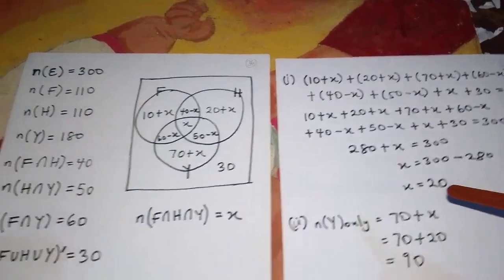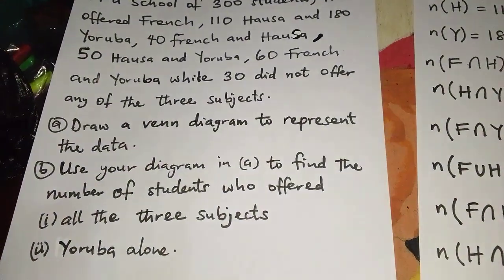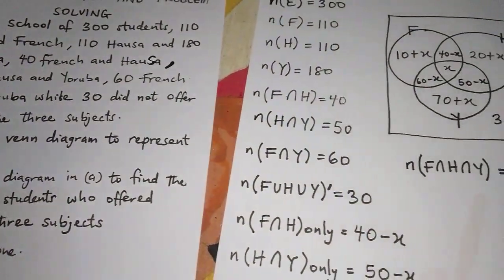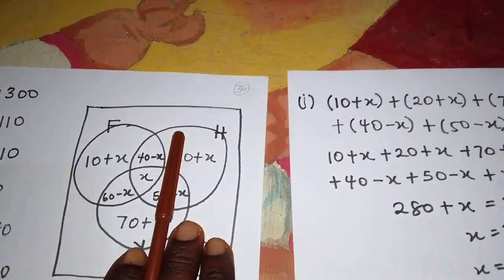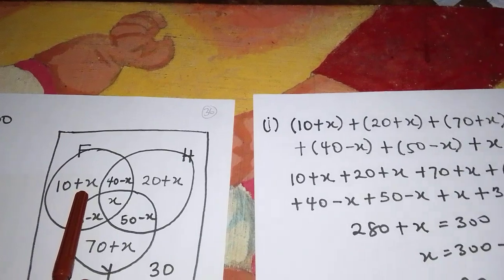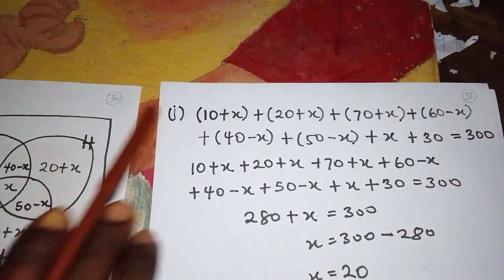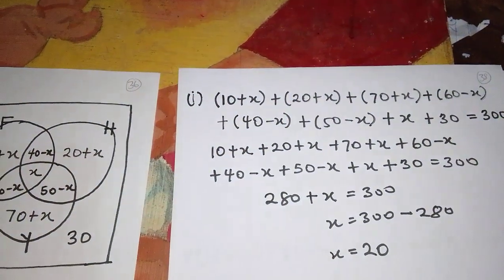So to now get those that offered all the 3 subjects, we've represented those that offered all the 3 subjects with x. So now that means you are going to add those that offered only 1 subject, that is French only, Hausa only, then Yoruba only.